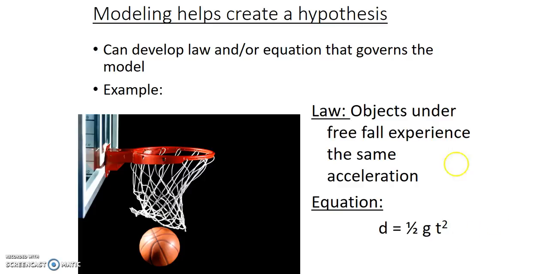So we can model laws with both explanations and, of course, mathematics. The point of doing that is being able to make predictions. For example, if I know exactly how long the object has been falling for, I can get a pretty accurate depiction of the distance, assuming that air resistance is not a huge factor.